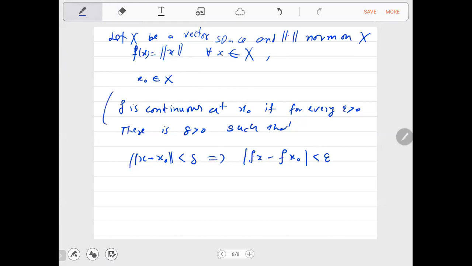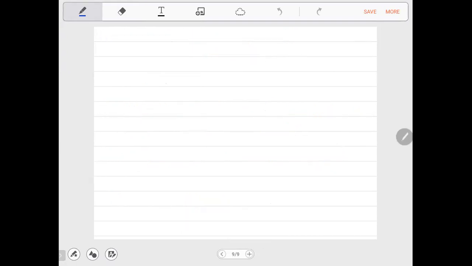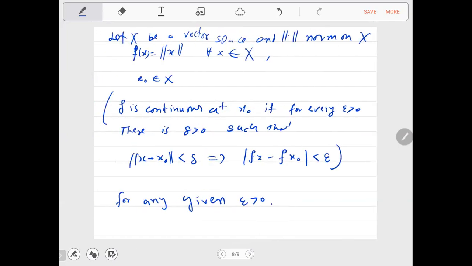So that is the definition of continuity. You can start, for any given epsilon, you can choose delta equal to epsilon, right?